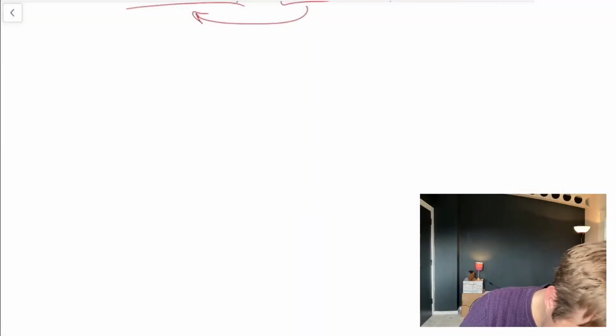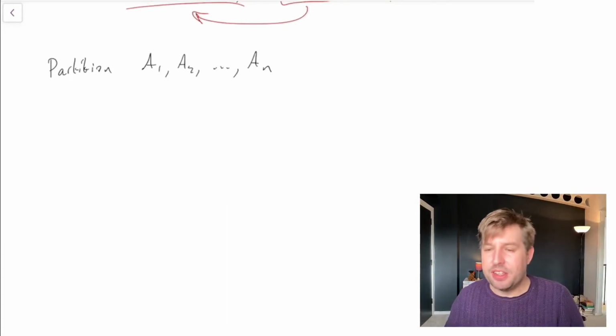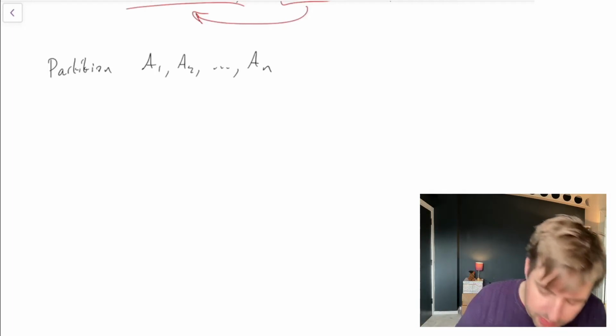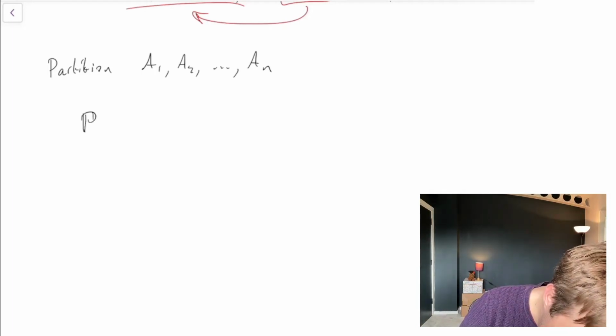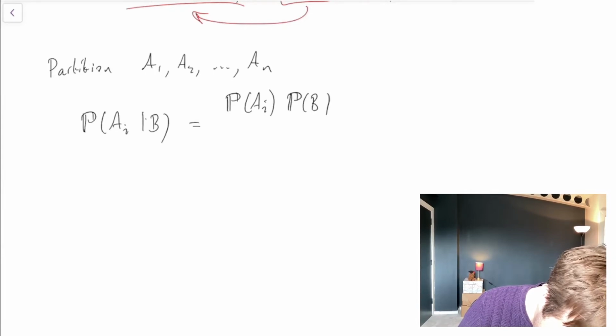Suppose we have a partition A1, A2 up to AN. You could perhaps think of these as dueling scientific hypotheses or something. And Bayes' theorem tells us the probability of Ai given B. You'll know this by now. It's probability of Ai, probability B given Ai, over probability of B.